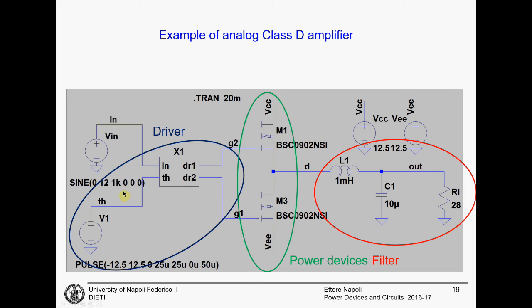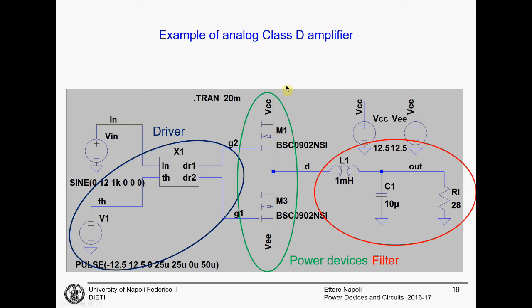On the top we have the input signal, that is a sinusoid in this case, and here we have the triangular waveform. This X1 block is the comparator. This is the driver. This will generate the pulses that drive the actual class D amplifier.